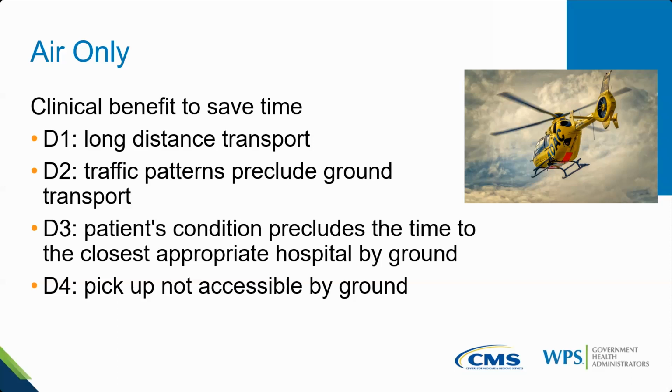Also, the last one, pretty self-explanatory. You can't get to them except by air. Lots of times we see this in some of our rural areas, farming accidents, and the UP of Michigan is an example where we see some of this. It's just not possible to bring a ground rig to them. So we need to get them out of the area safely, as quickly as possible, to a facility. That's what D4 is used for.